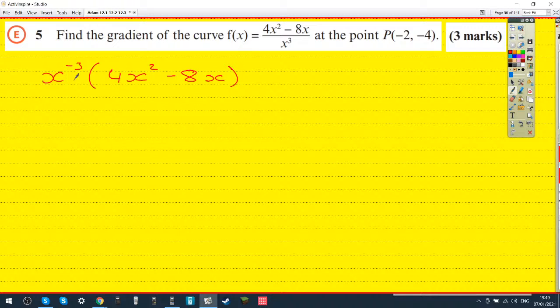No. What's the rule for indices? Oh, do you add the minus and the... Yeah. So it'd just be x. What is minus 3 plus 2? Oh, minus 1, sorry. So the power of minus 1. Yeah. So it would be minus 8x to the power of minus 2. Yeah.